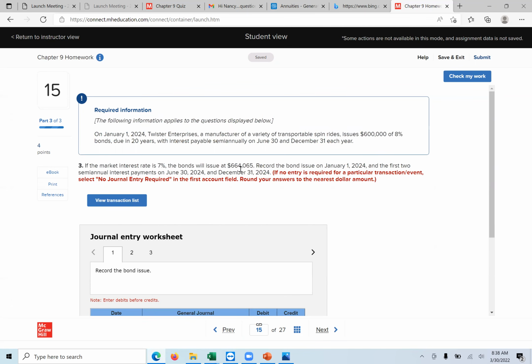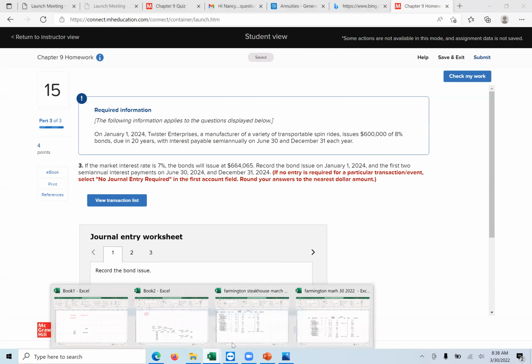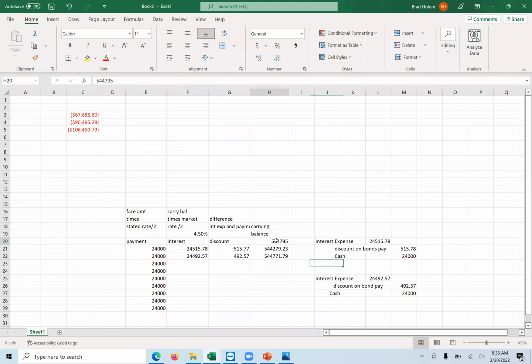It's telling us the bonds will issue at 664,065. And in this case, the market rate is 7% or 3.5% every period.